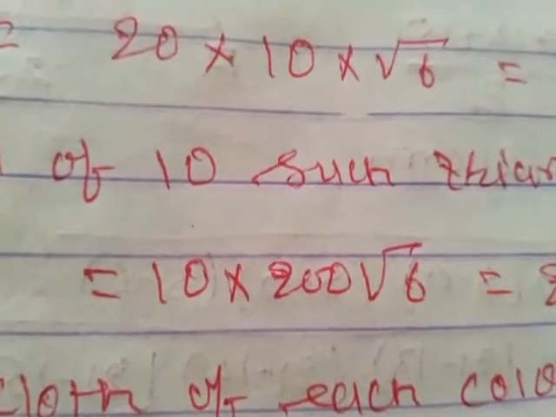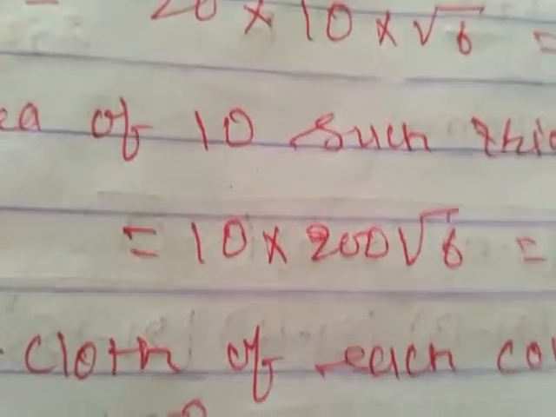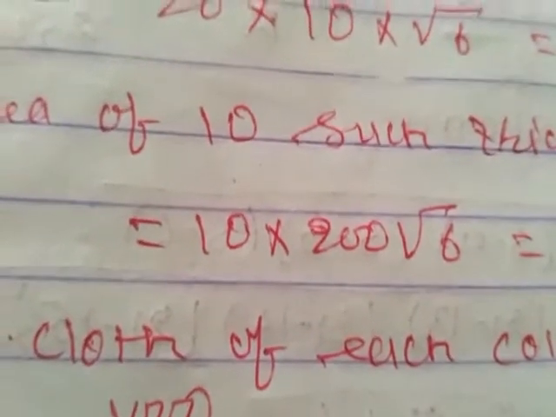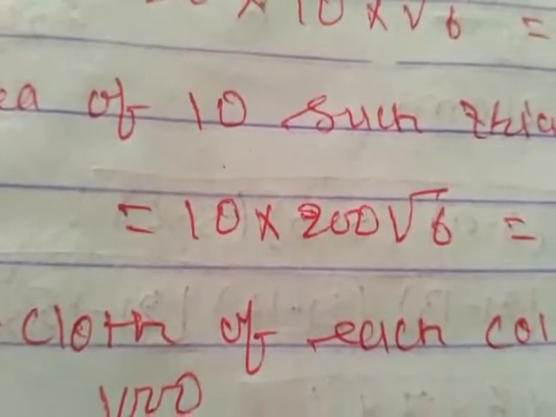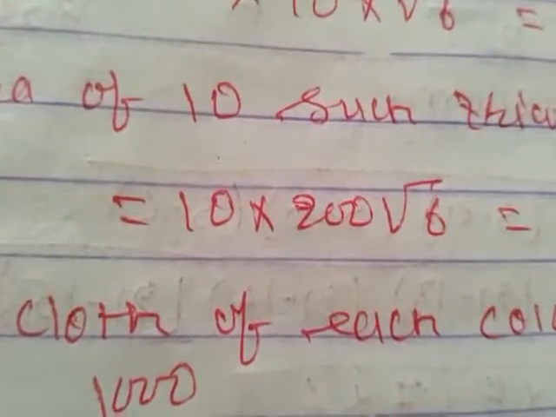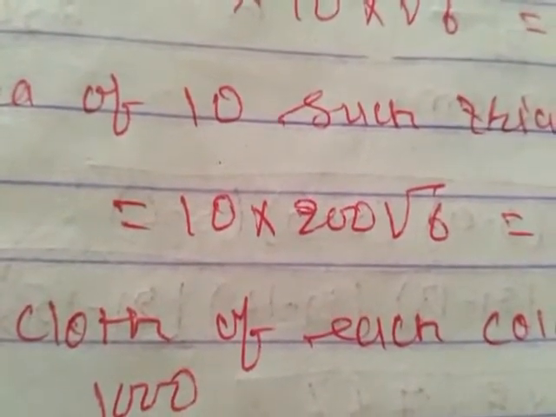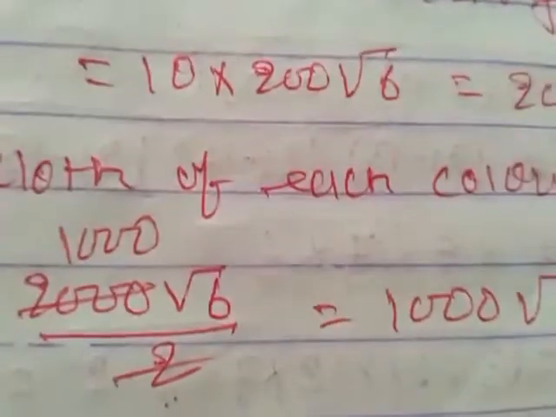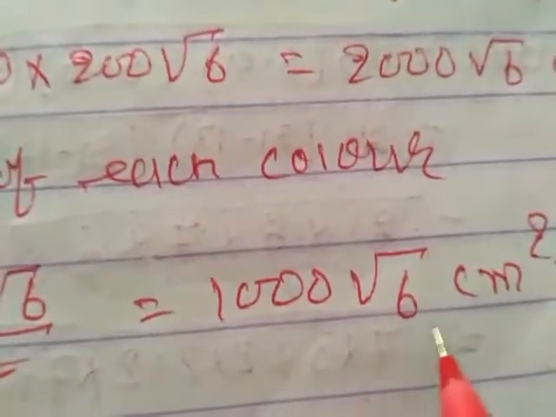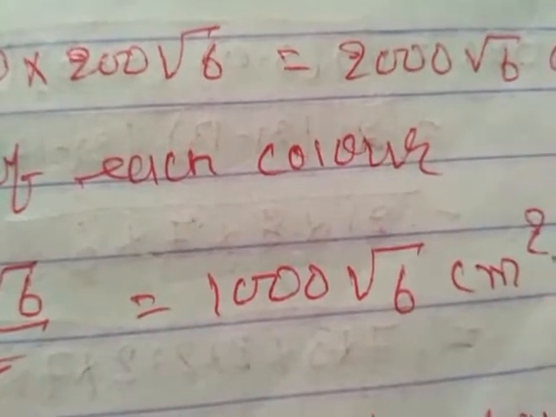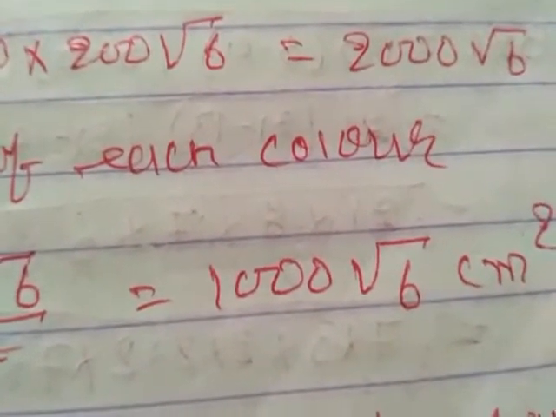Now the area of cloth of each color: since there are two types of color, we divide the area of all these triangular pieces by 2, that is 2000 root 6 by 2, which gives 1000 root 6 centimeter square, which is the required answer.